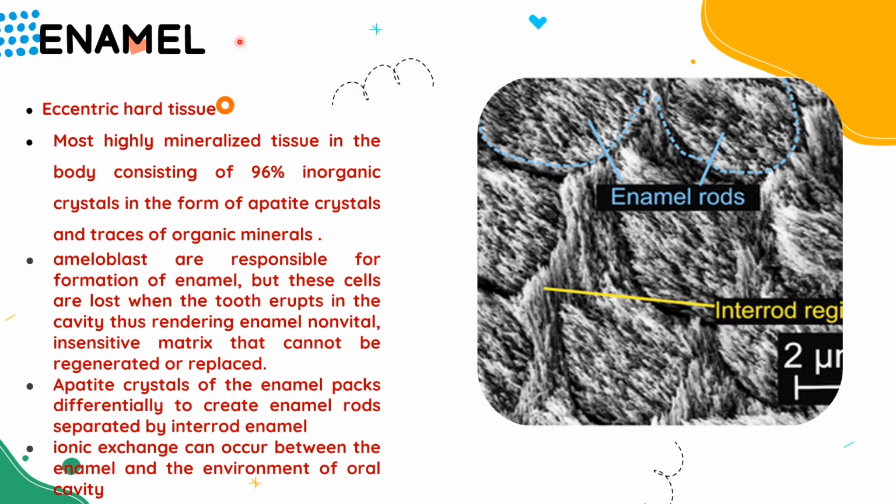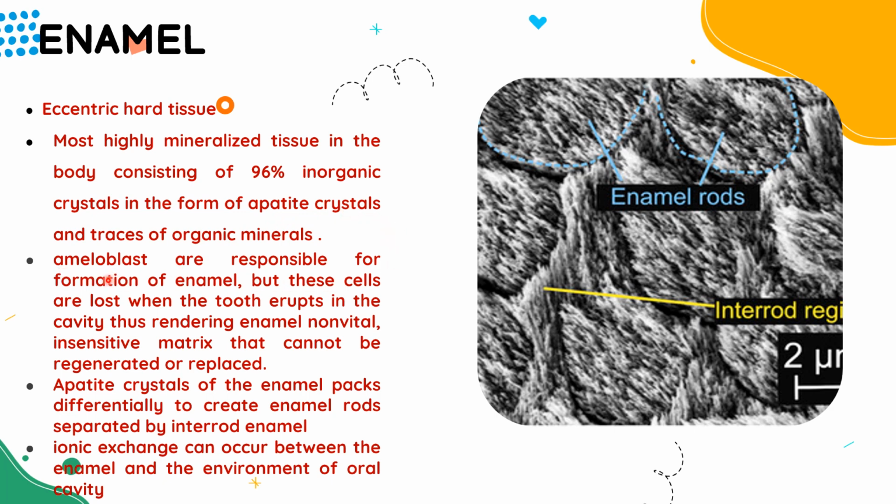is an eccentric hard tissue. It is a highly mineralized tissue of the body, and consists of organic minerals and inorganic crystals, which are about 96%, and these inorganic crystals are in the form of apatite crystals. The enamel is formed by ameloblastic cells.